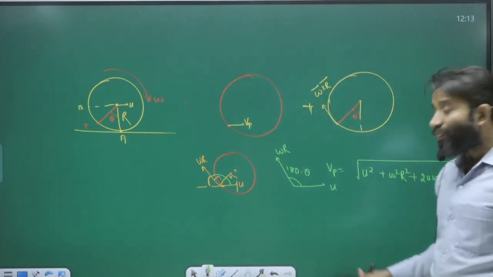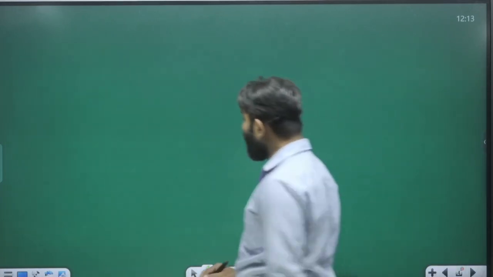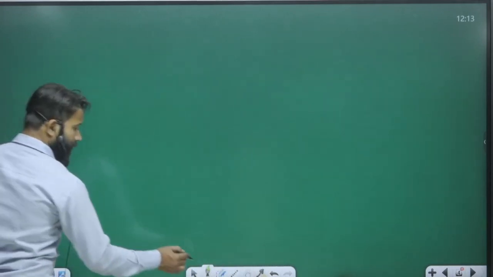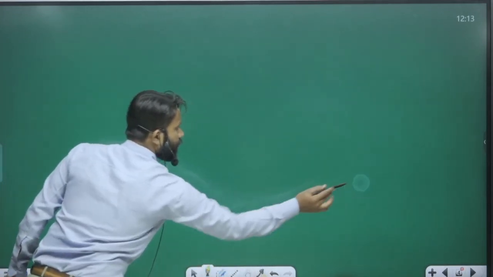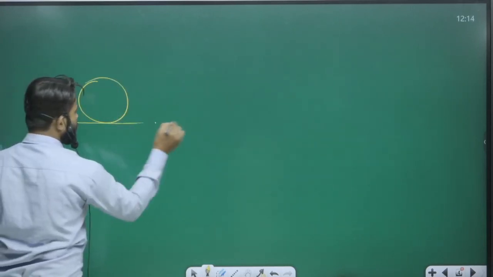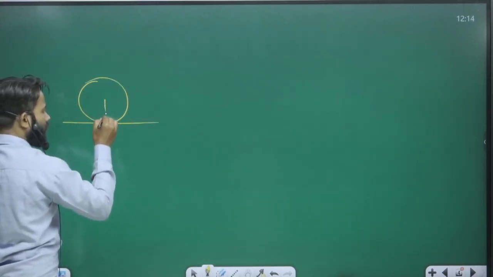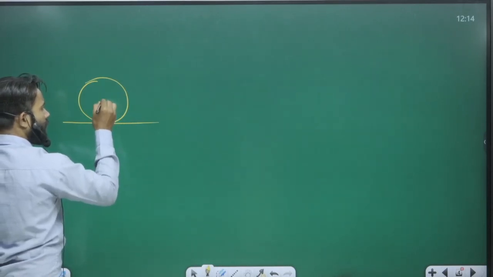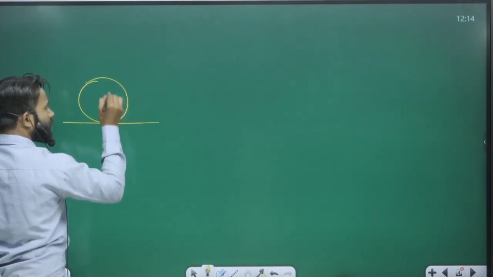Now, what if the body has some angular acceleration? Say, the disk, again we have considered this disk has radius r, and the center of mass has some acceleration a.